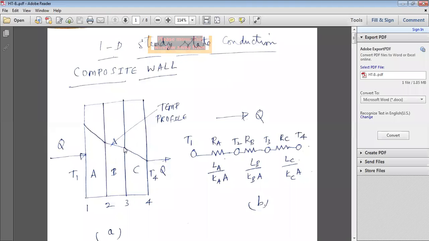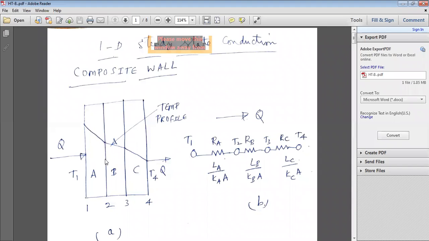The temperature profile is linear in nature because we are considering one-dimensional heat transfer along the x direction, so the temperature profile is like that of a single plane wall. Here also the temperature profile is linear, with three materials, A, B and C. Heat is transferred through the three materials.